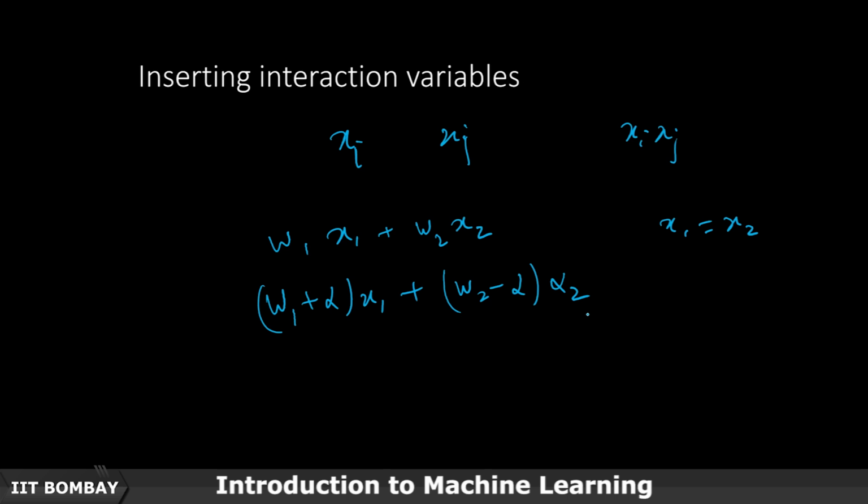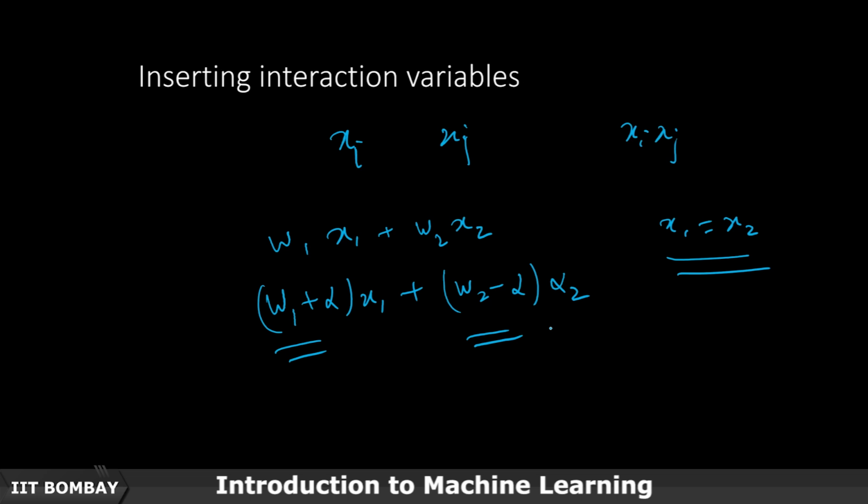So if there is a strong correlation between two variables, here there is perfect correlation, but even if there is strong correlation, not a perfect correlation, we can trade off one coefficient, one weight for another, and we will still have roughly the same predictive answer, and that's what creates ambiguity.